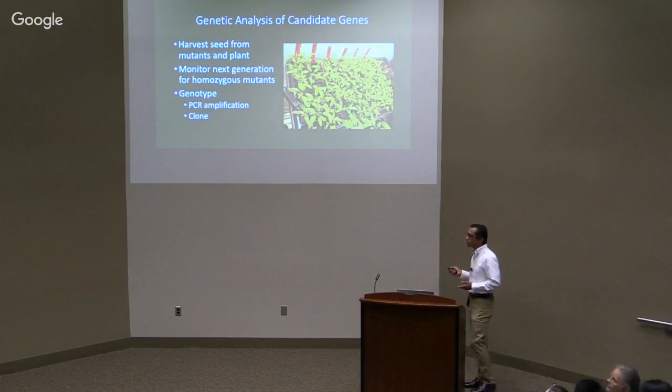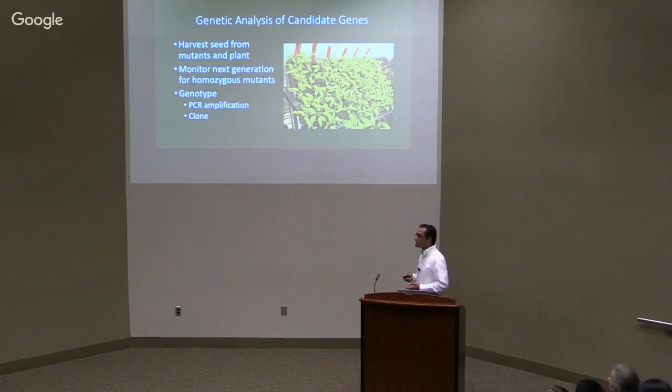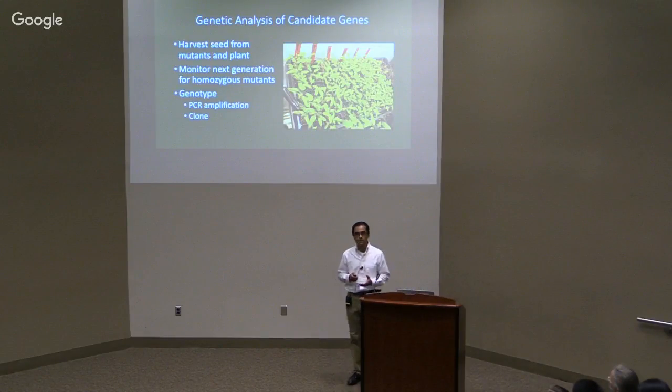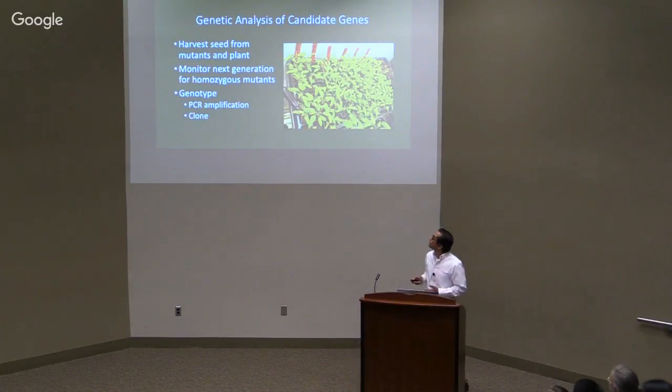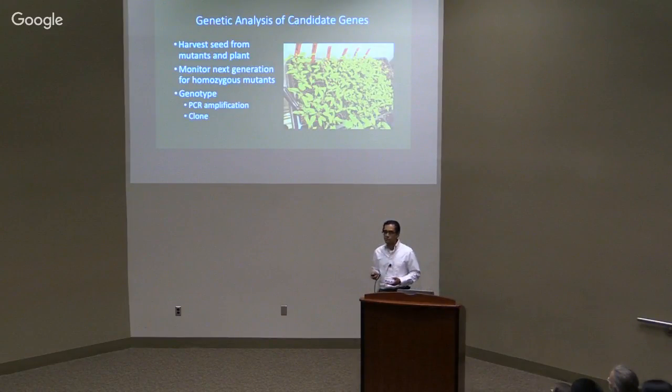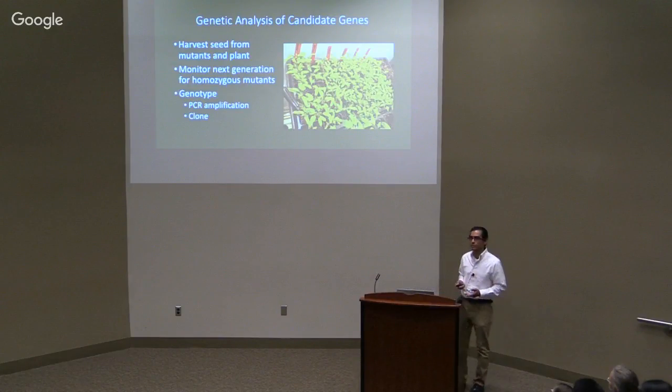That involves harvesting seeds, planting them, and seeing if the next generation has, at a smaller proportion, some type of phenotypic variation. Also, what was done was the continued genotyping of the first generation plants through cloning and PCR amplification.